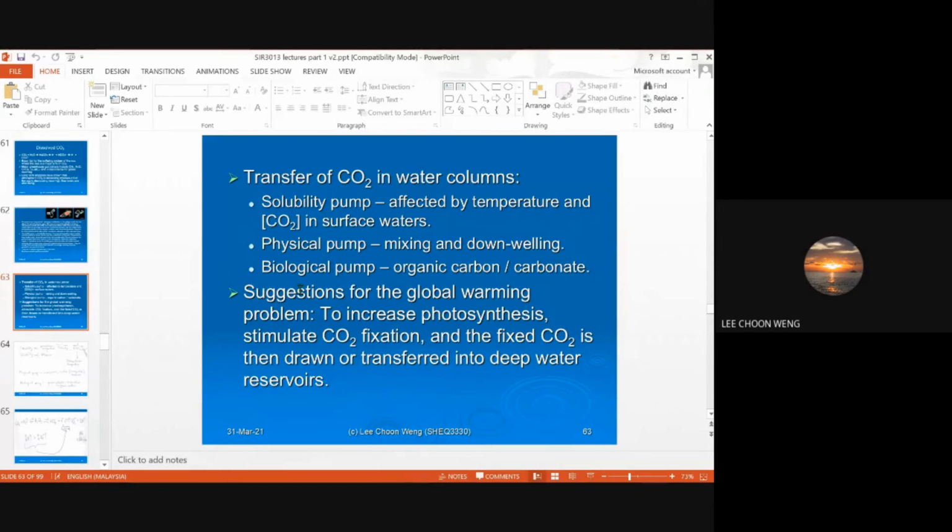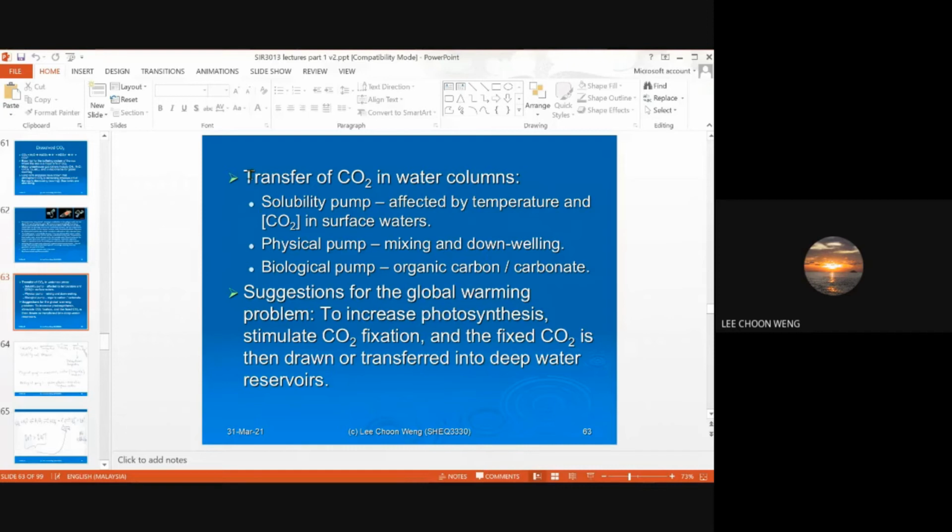For the biological pump, we have both organic carbon and carbonate forms, as I mentioned. The organic carbon form is the one that is incorporated by the phytoplankton. And for the physical pump, it's thorough mixing. Also, at certain areas of the ocean, you have downwelling, where the CO2 in the surface waters can be transferred into the deeper waters.